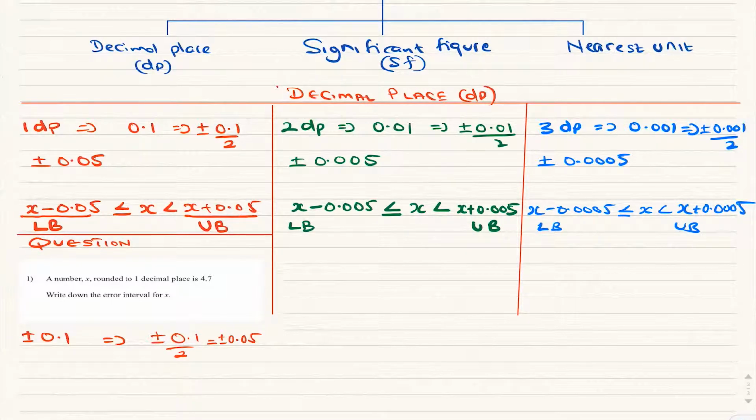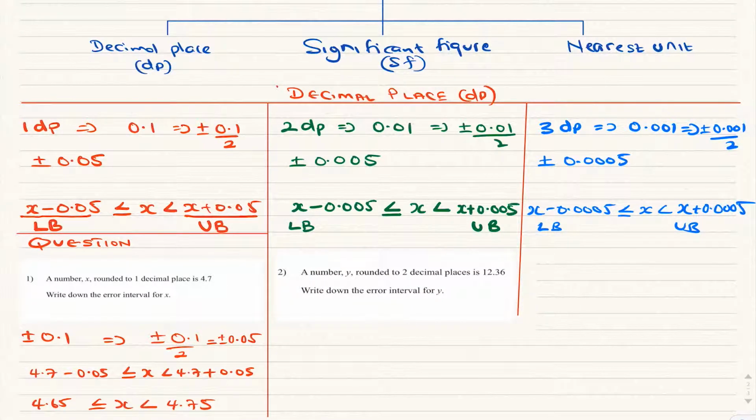So the lower bound of x will be 4.7 minus 0.05, which is less or equal to x, which is less than 4.7 plus 0.05. Therefore, that will be 4.65 less or equal to x, which is less than 4.75.